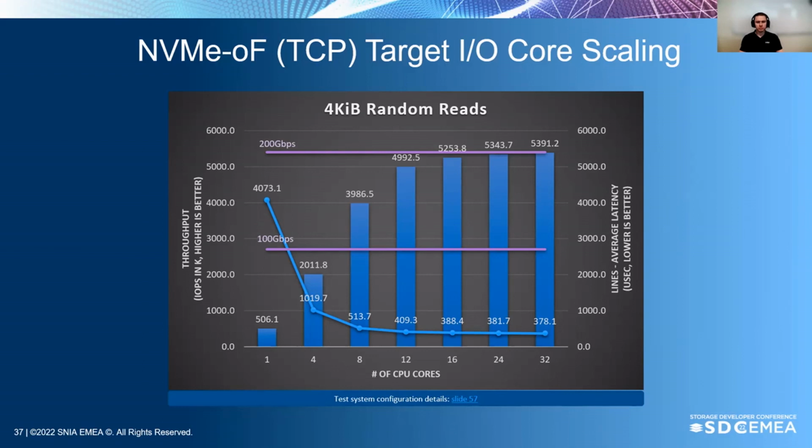Further adding additional CPU cores results in less linear performance improvements and peaks when 24 CPUs are used at about 200 gigabits, which saturates the network link between target and initiators.